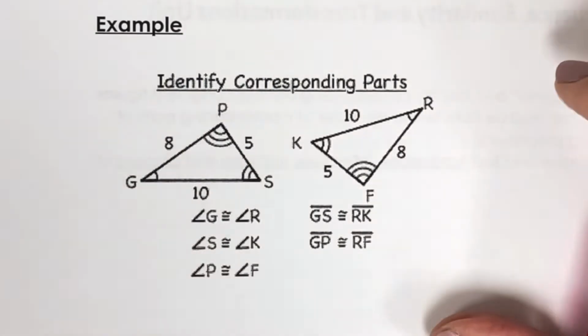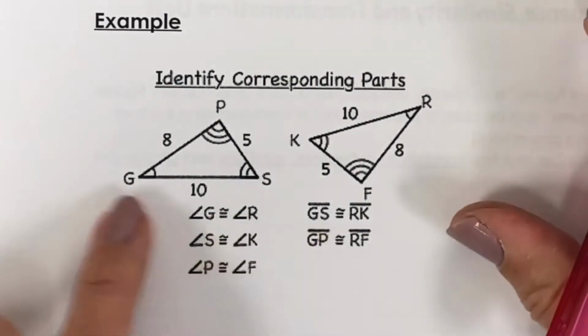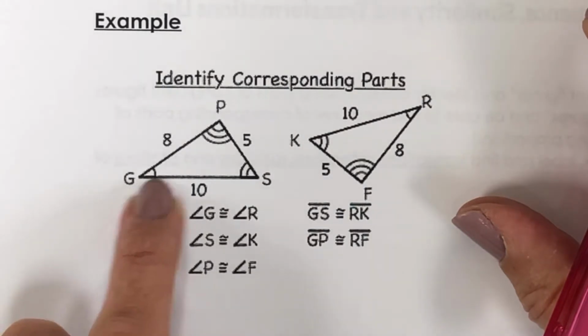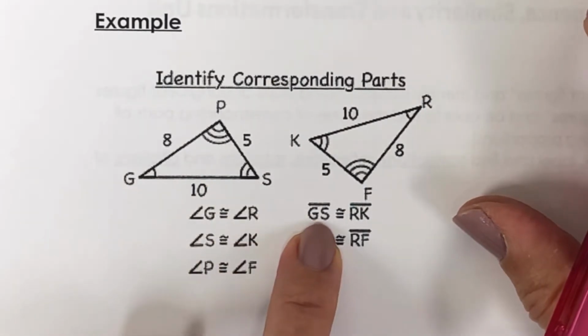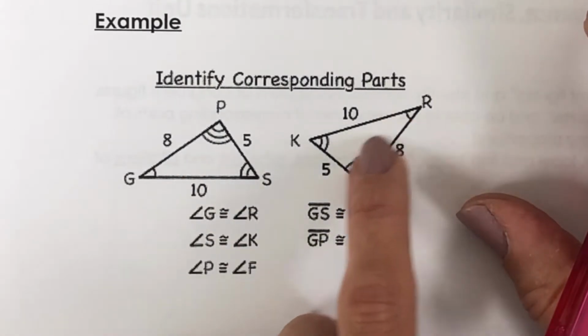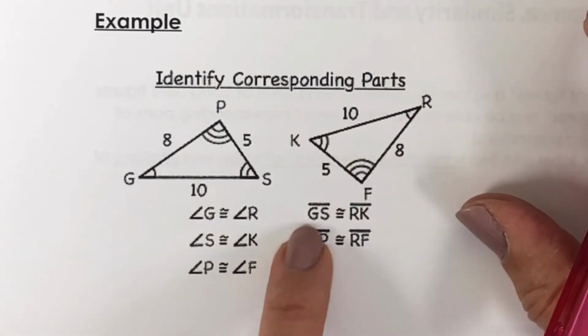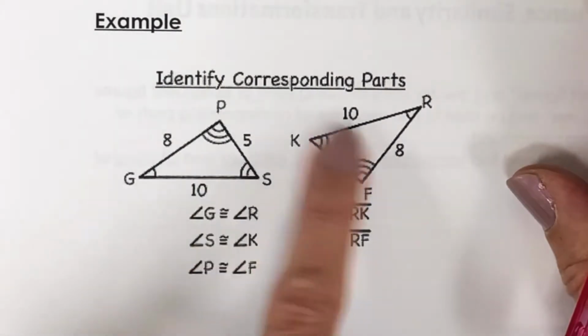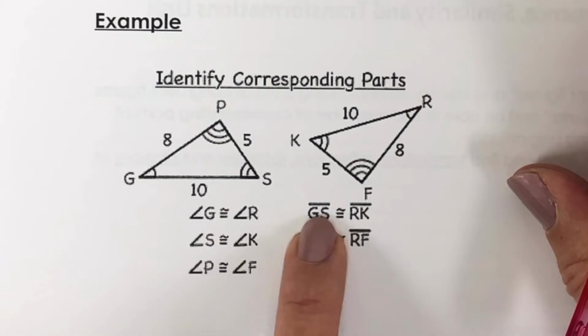Then we can do the same thing with our sides. Segment GS goes from 1 half moon to 2 half moons. That's going to correspond to going from 1 half moon to 2 half moons, RK. So GS corresponds to RK, and since these figures are congruent, those sides are the same.